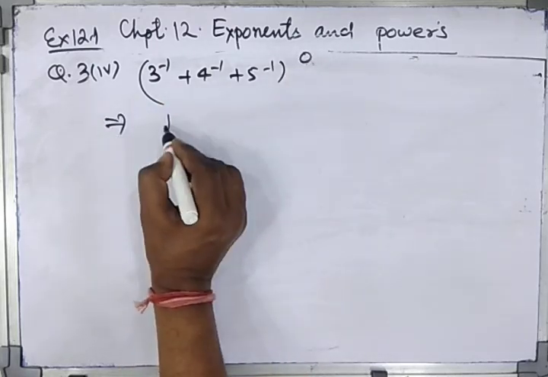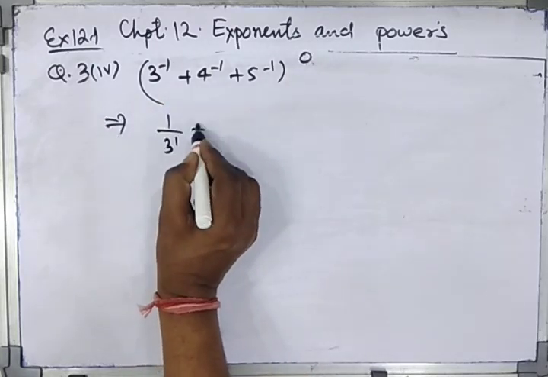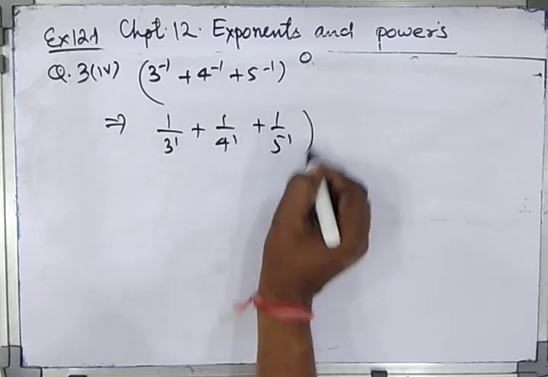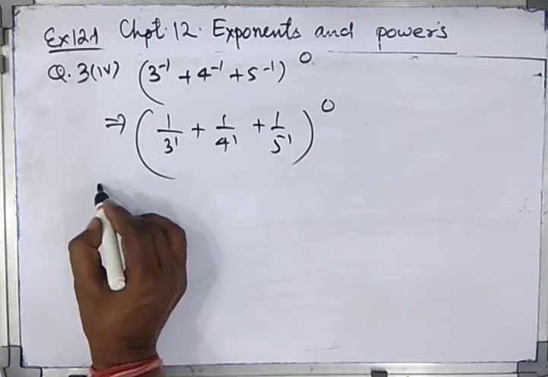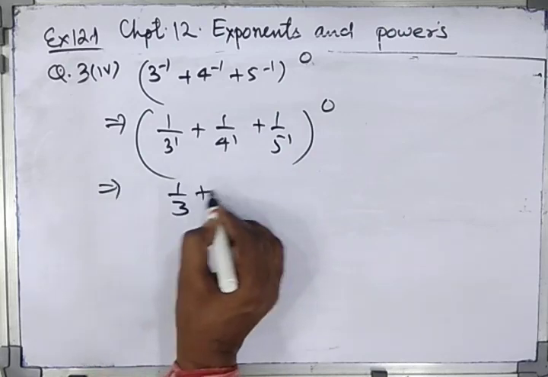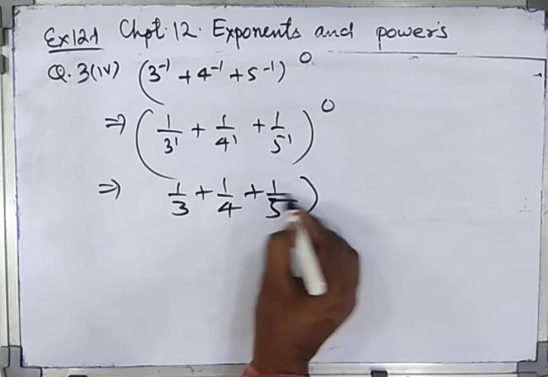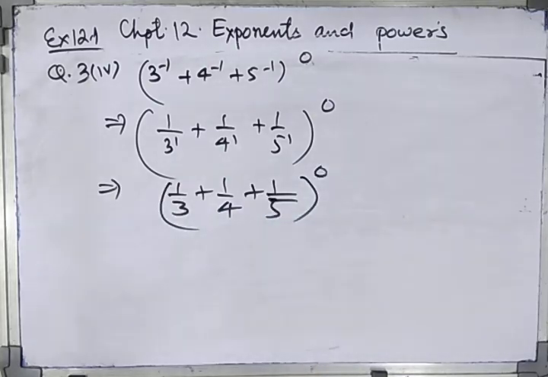It means (1 by 3 raised to 1 plus 1 by 4 raised to 1 plus 1 by 5 raised to 1) raised to 0. It means (1 by 3 plus 1 by 4 plus 1 by 5) raised to 0.